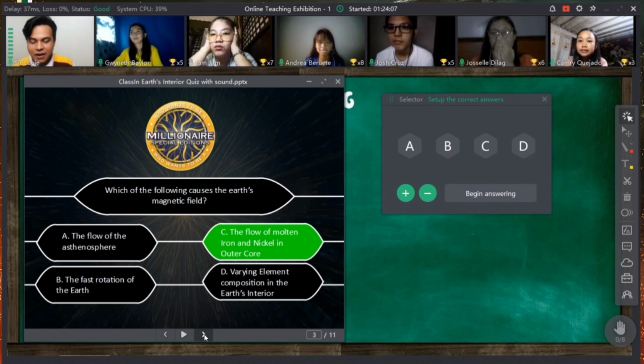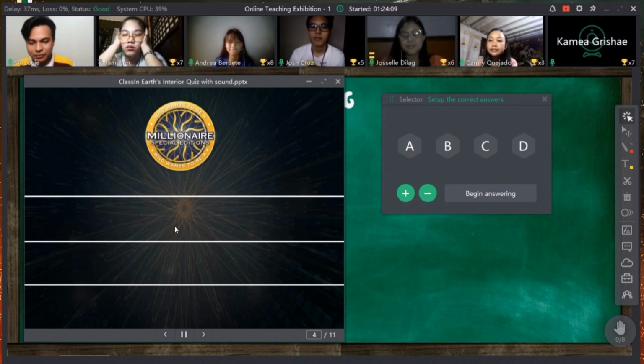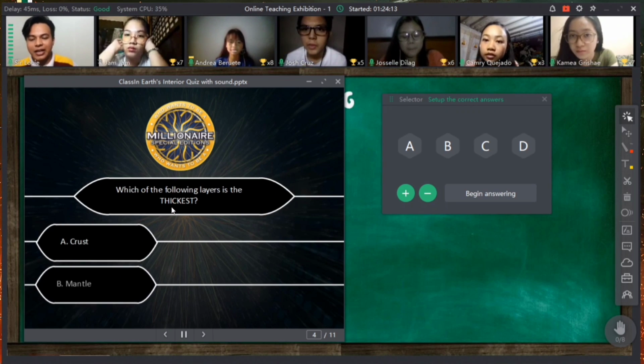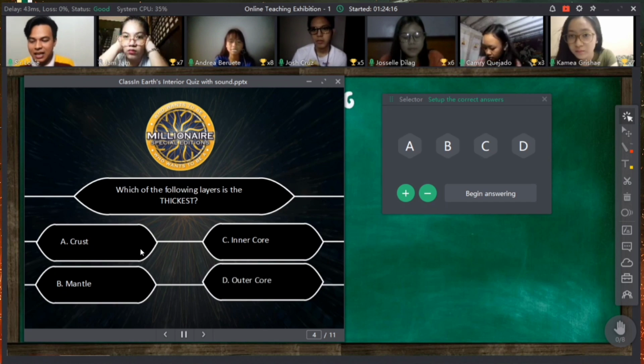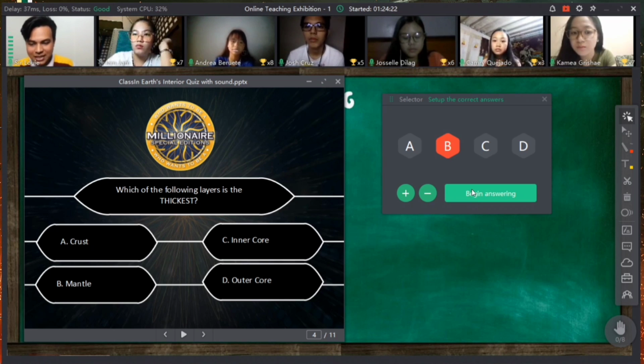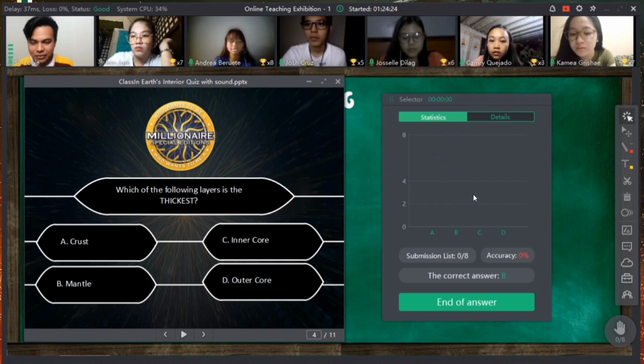Okay, so let us have question number 2. Okay, which of the following layer is the thickest? A. Crust, B. Mantle, C. Inner core, and D. Outer core. So please key in your answer now.